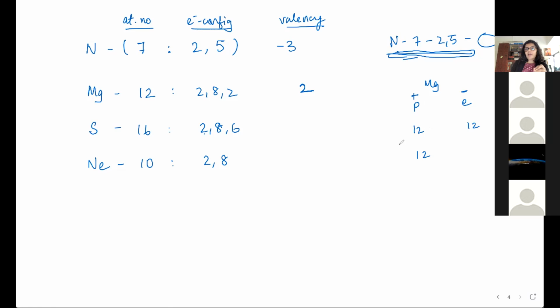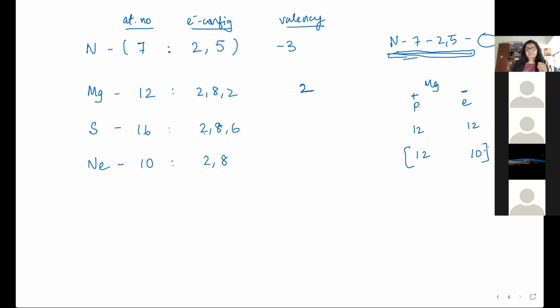But after losing 2 electrons, how many electrons will it have? 10. 10 electrons. It lost 2 electrons. Valency is 2. It has 10 electrons. So in this situation, what will be the overall charge on magnesium? +2.